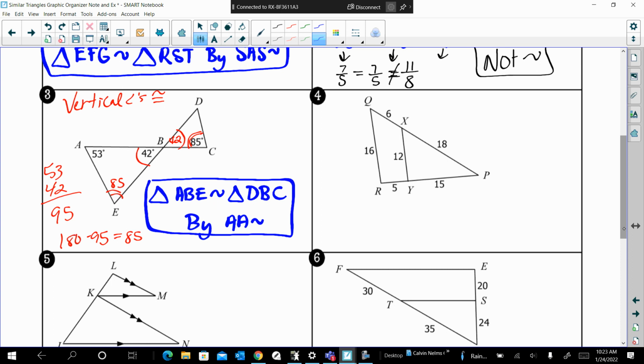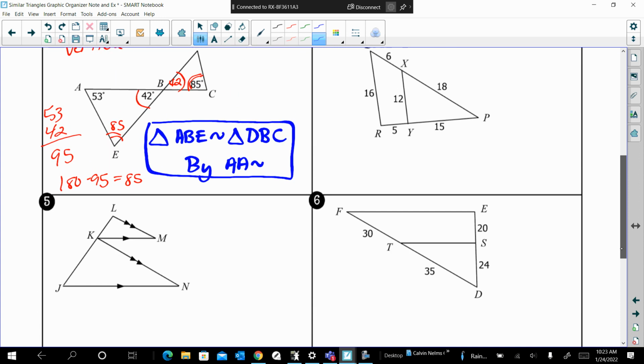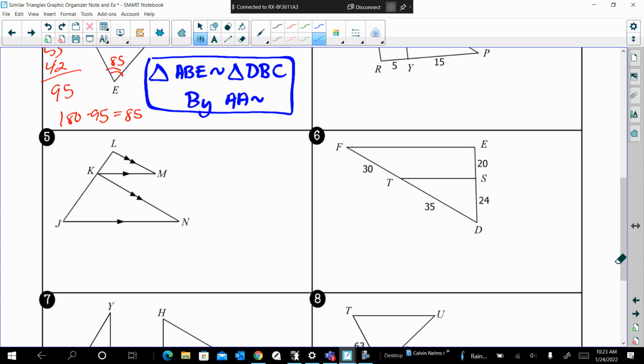Number 4 and 6 are like 6 on your notes. I do want to talk about one more, which is number 5. Do y'all remember what these arrows indicate? Parallel. You have two sets, so let me just help you out here. I'm going to highlight the first two, which is KM and JN, the same color.